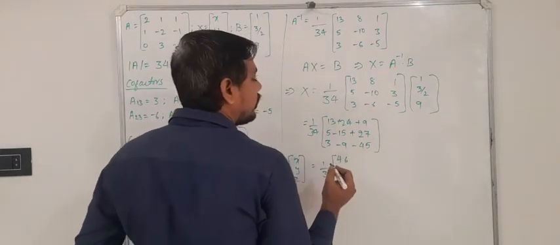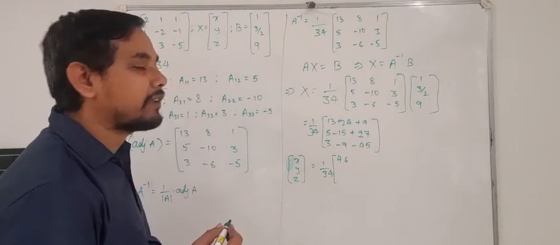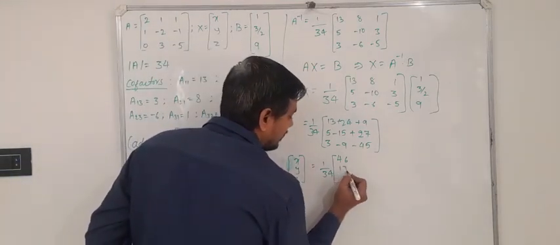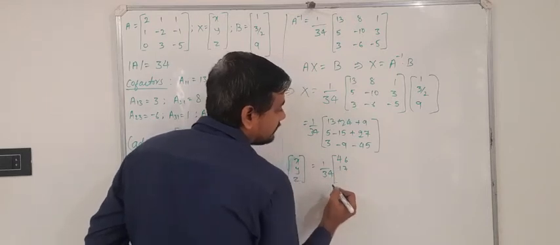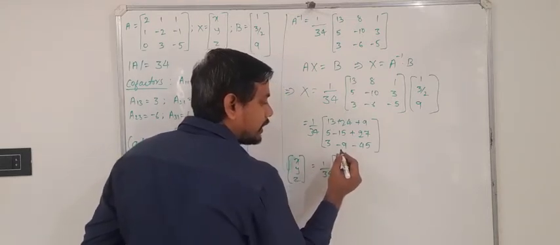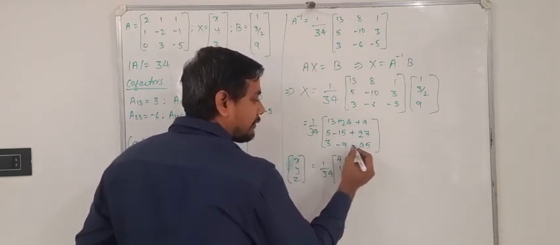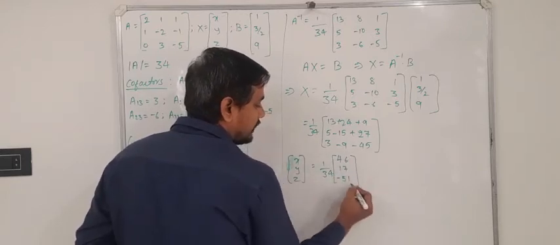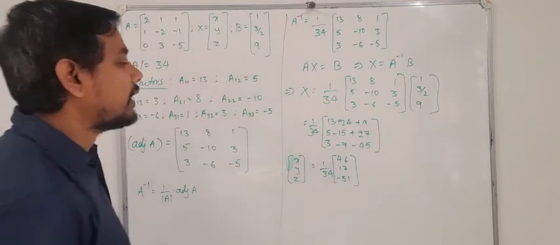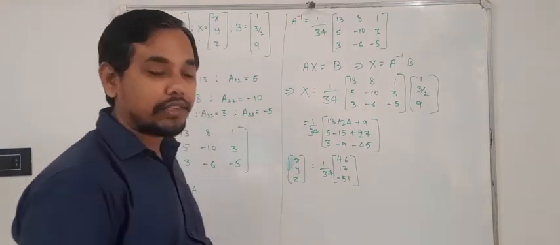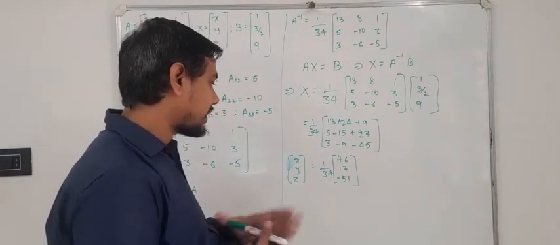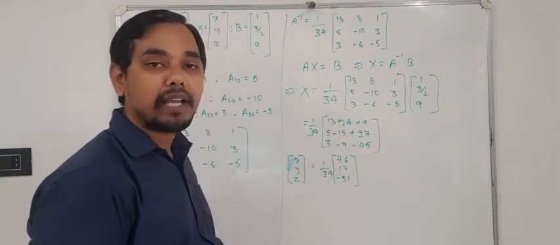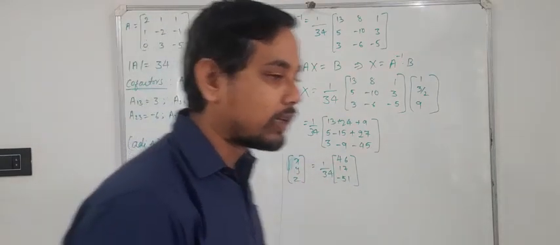Then 5 minus 15 is minus 10, minus 10 plus 27 is 17. Then 3 minus 9 minus 45 is minus 54, minus 54 plus 3 is minus 51. So this is how you get the value of x, y and z. Now x can be written as 46 by 34, 17 by 34 and minus 51 by 34. So make a note of this.